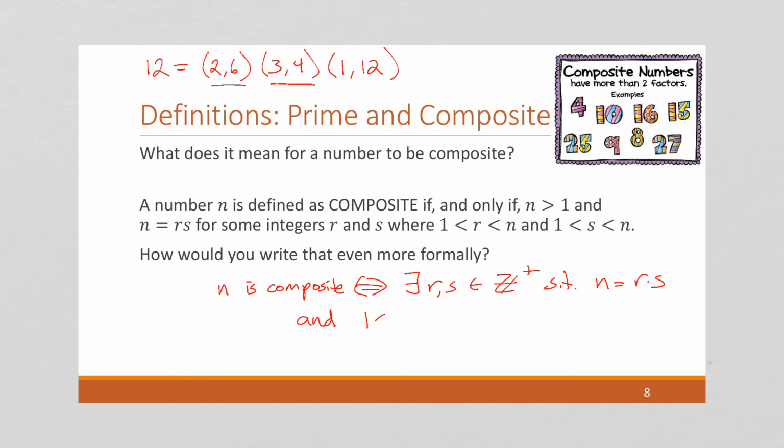We're going to say r has to be between 1 and n, and s has to be between 1 and n.